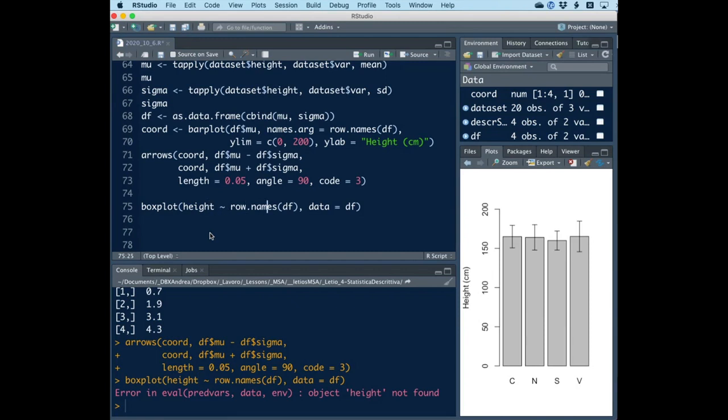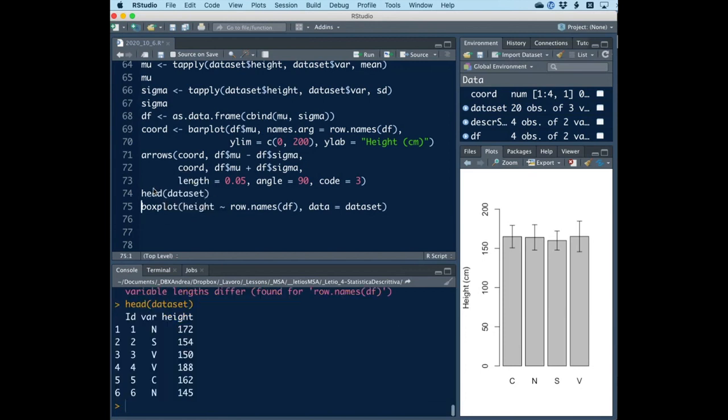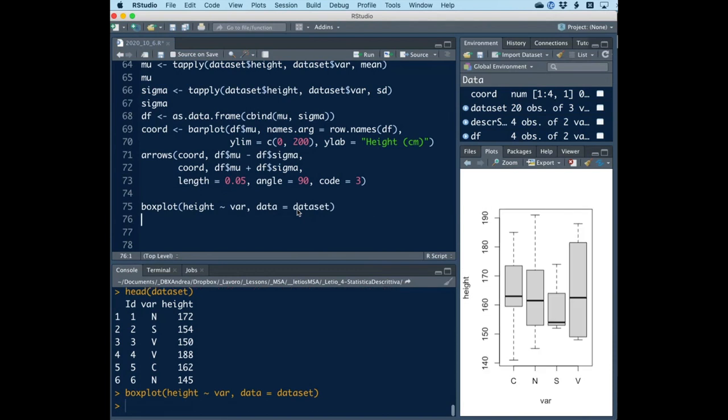No, doesn't work. So I have to write data sets. Yeah. And that is not right because I need to put here head data sets. So it's var. Okay, now it's okay. So now we have the graph and we have the code, and I have to explain the code to you.